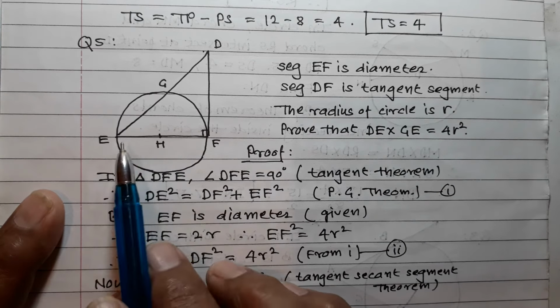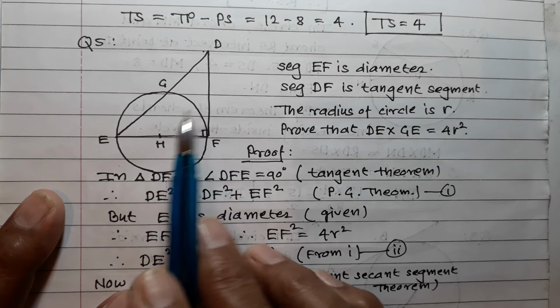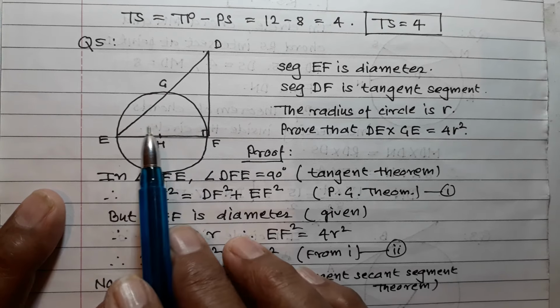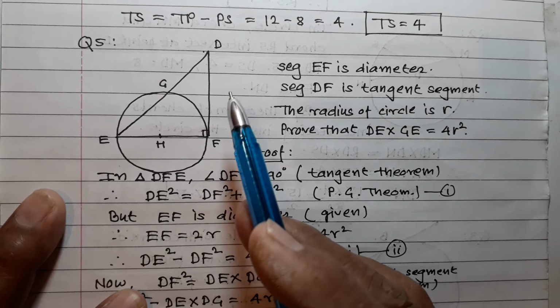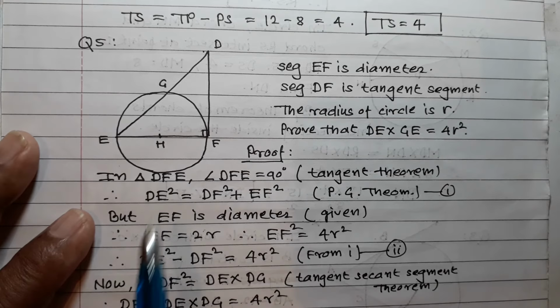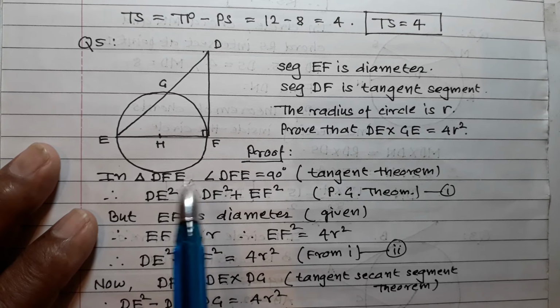Okay, so first I explain you. Here I use two properties. One is Pythagoras theorem and one is tangent and secant segment property. Now then you try to understand.